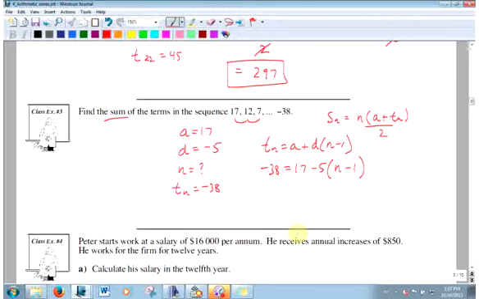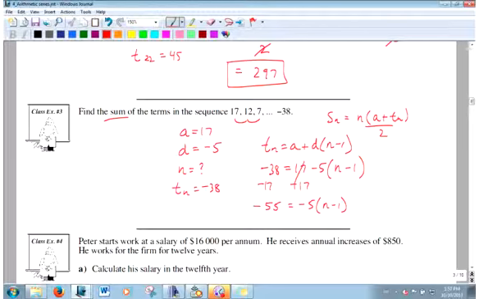So how do you want to do this question? Again, there's a couple ways to do it. What do you want to do first? Probably get rid of the 17. Okay, that's gone. Negative 38 minus 17 is negative 55. Negative 55 is negative 5 times n minus 1.